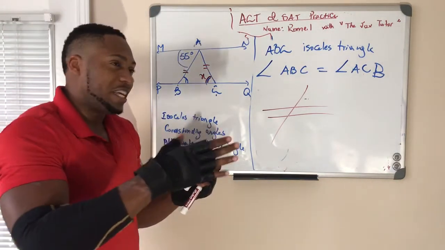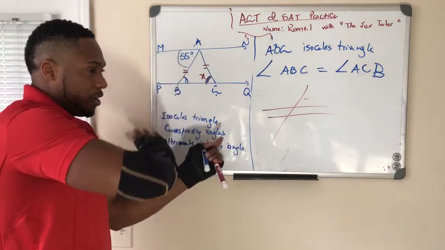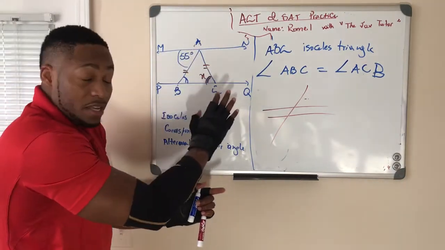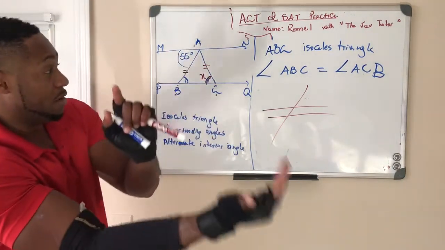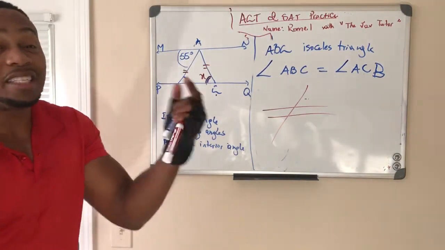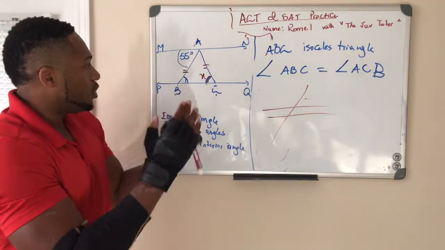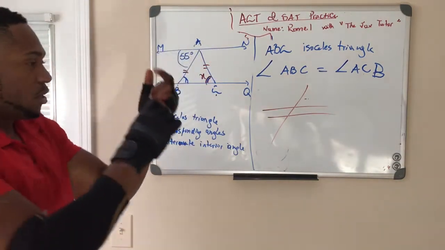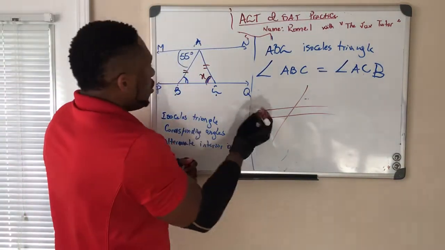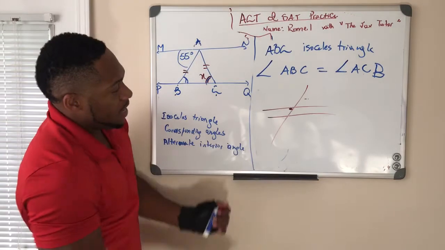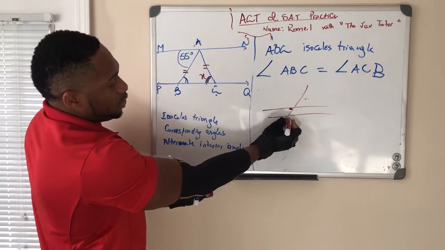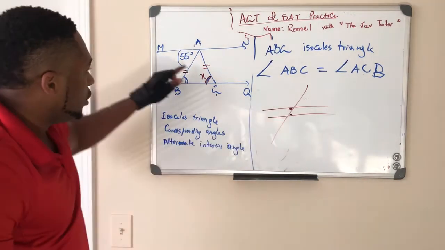Alternate means one on one side of the transversal and one on the other side of the transversal. Interior means in between the parallel. So let me show you what this means here.